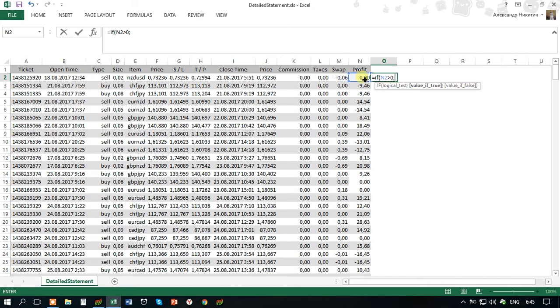We need the absolute, ABS, absolute of price close minus price open. So if it is more than 0, the price close minus price open should be always positive. That's why it is absolute.